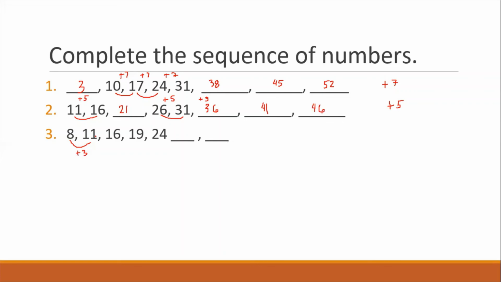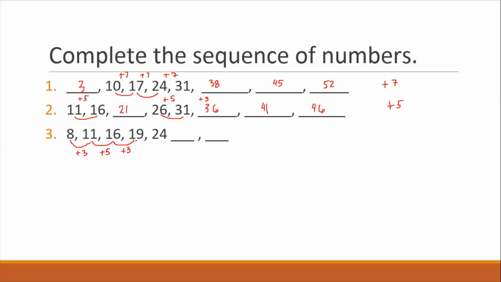How about for 11? What happened to 11 to make it 16? 11 plus 5, that is 16. Next, 16: what do we add to 16 to make it 19? That is plus 3. So 16 plus 3, that is 19.